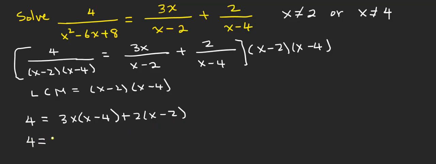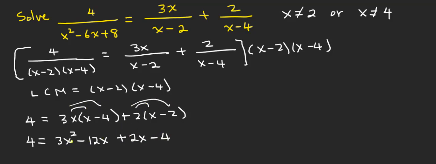So when you distribute, you'll get 3x squared minus 12x plus 2x minus 4. And you end up getting 0 equals 3x squared minus 10x minus 8.